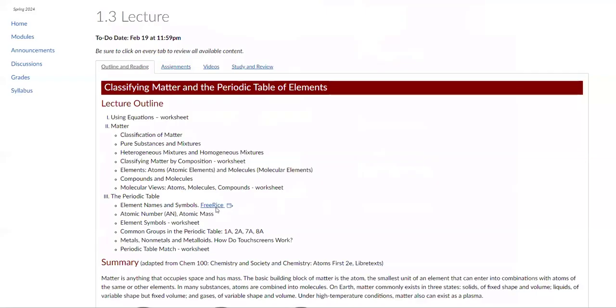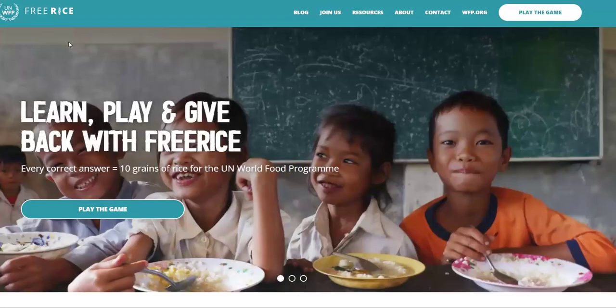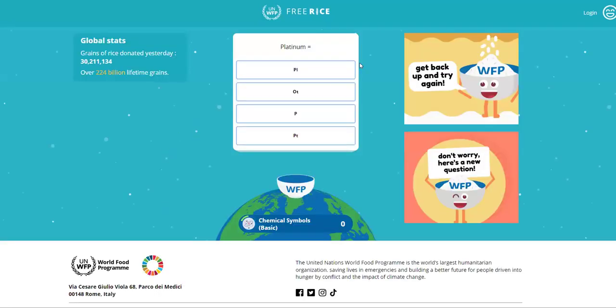You don't have to learn the element names. You can always use this periodic table, which has the element names with the symbols. But if you decide you want to learn the element names and do some good in the world, this is called Free Rice, where you can just test yourself.